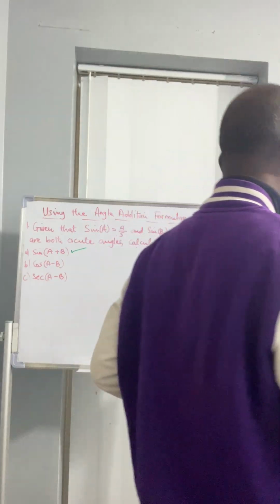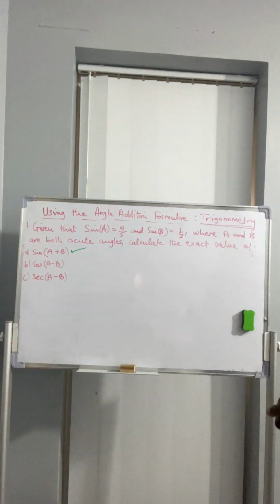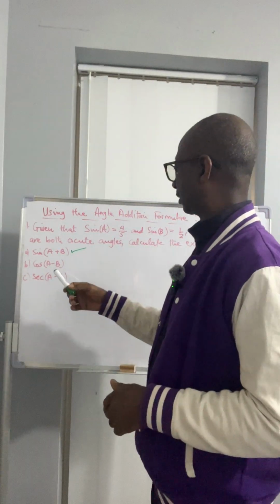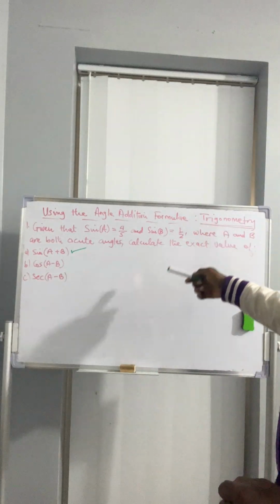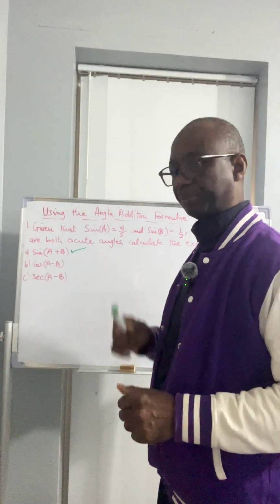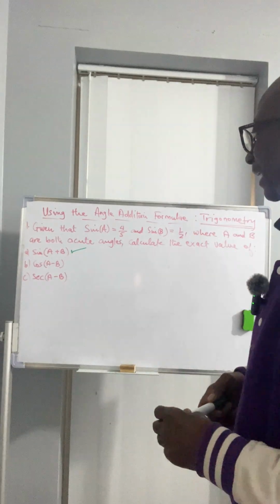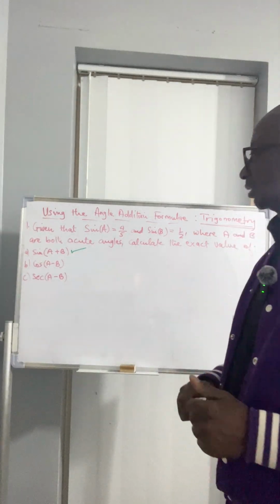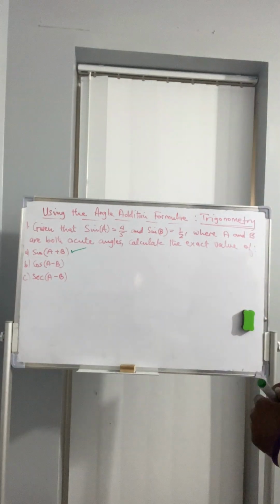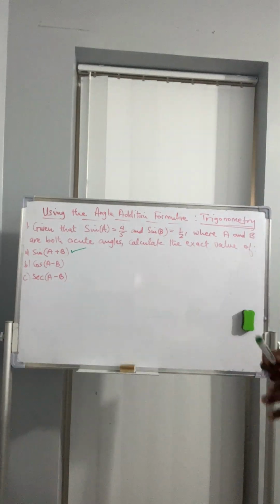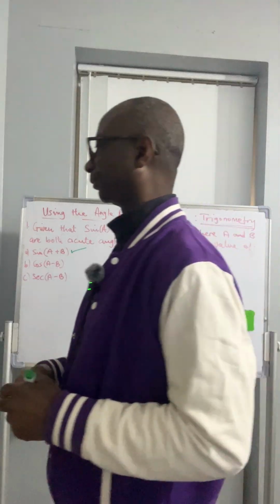I already explained them in the first video. So if you are looking at the second part of this problem, which is the B part, and you don't understand what an acute angle is, then go back and watch the first video. It's explained there. I will not explain that stuff again. I'll just be using it.